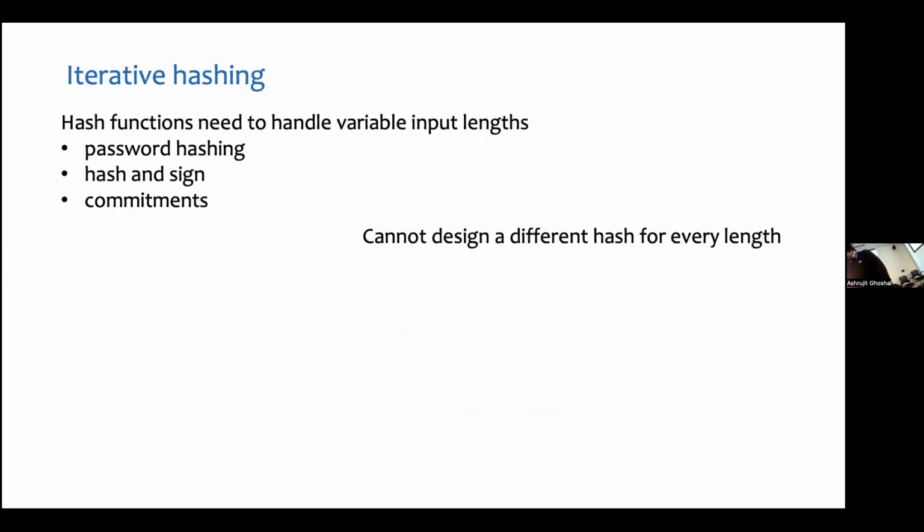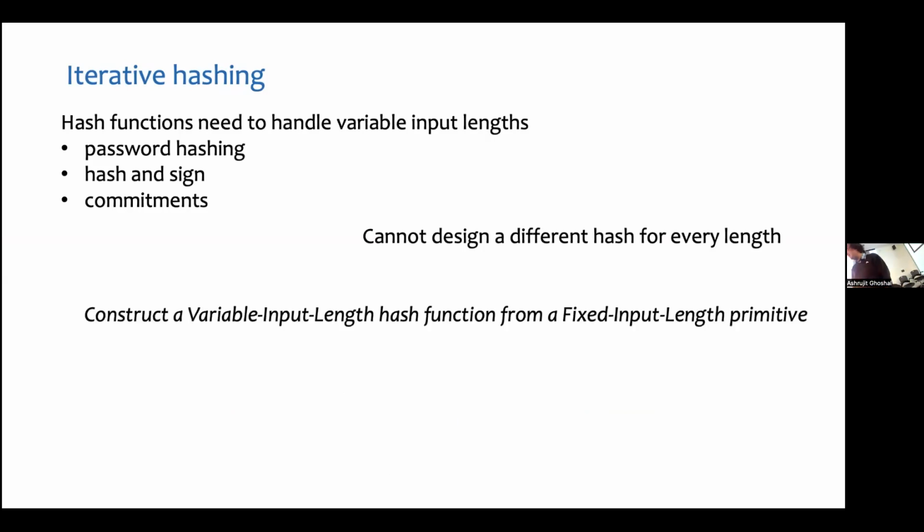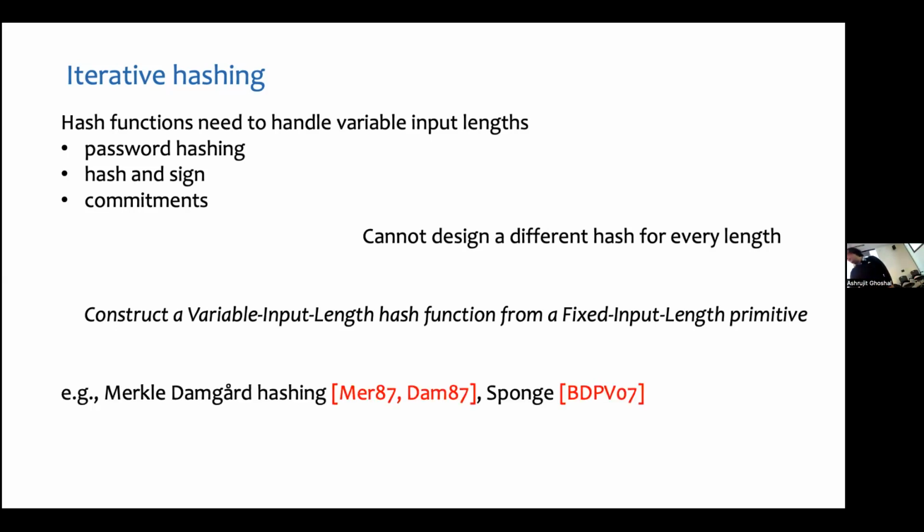It is infeasible to construct a different hash function for each length. Therefore, we use iterative hashing, where we construct a variable input length hash function from a fixed input length primitive. Popular examples are the Merkle-Damgård hashing mechanism and the sponge hashing mechanism.